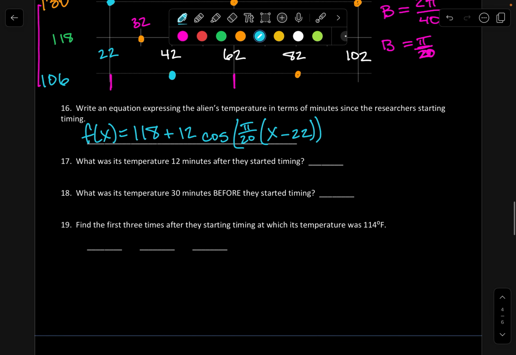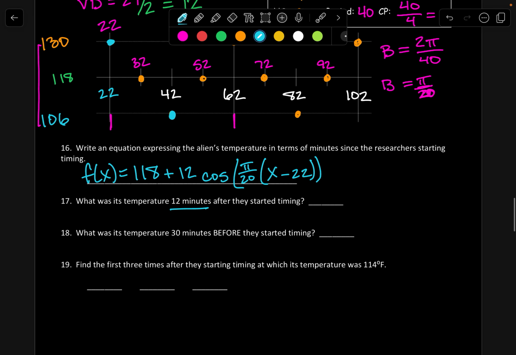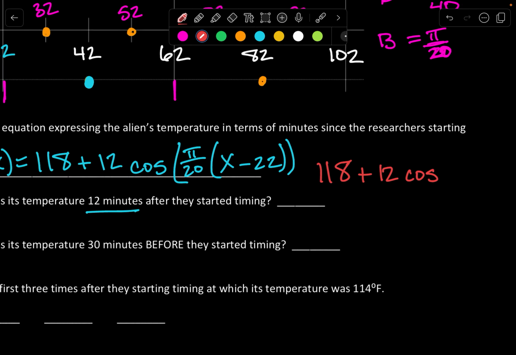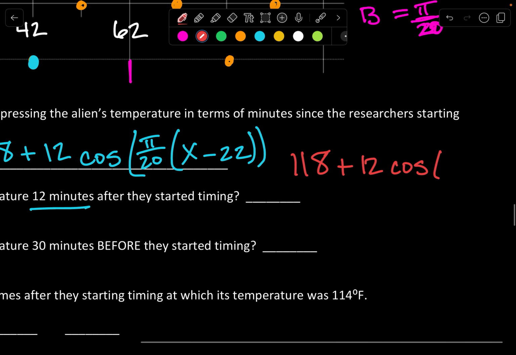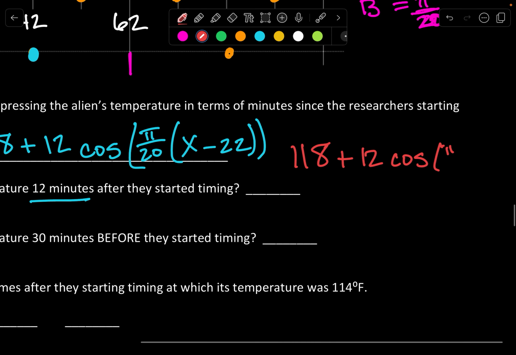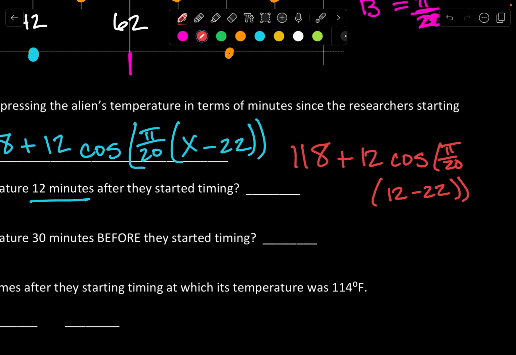This asks, what was the temperature 12 minutes after they started timing? 12 is an input. So I need to just plug in a 12. That will give me my time. So I'm going to do in my calculator 118 plus 12 cosine times pi over 20, and I'm going to drop down here, times 12 minus 22, close my parentheses.